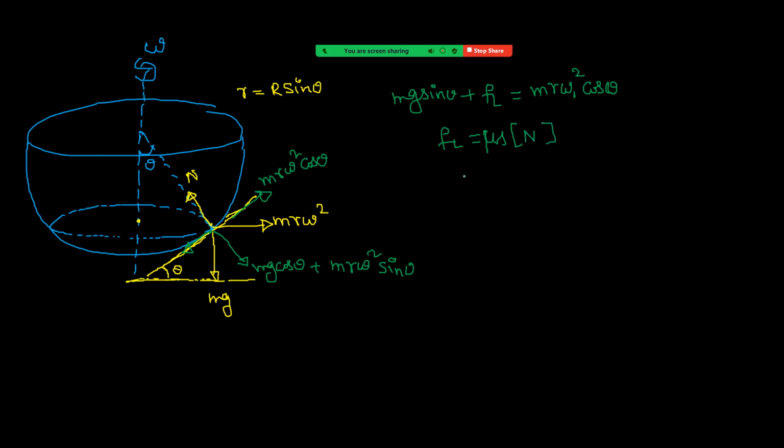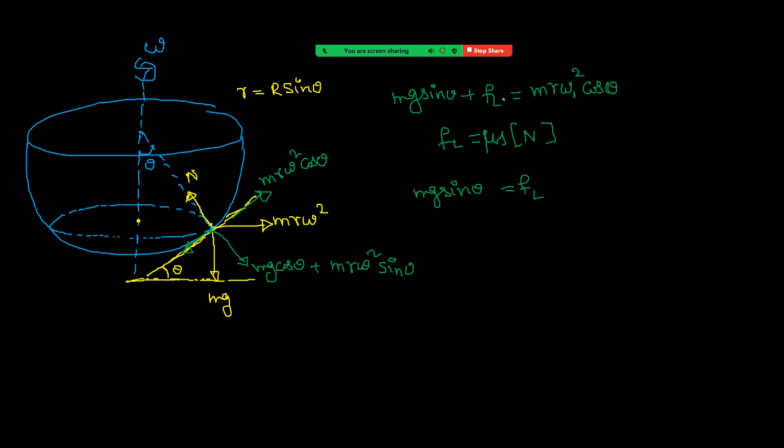Right? In the same way, to find the minimum omega value, when omega is minimum, it has a tendency of slipping down the tangent, which means down the bowl. Down the bowl means friction will be up the bowl, up the tangent. Therefore, the equation will be mg sin theta is balanced by the frictional force.